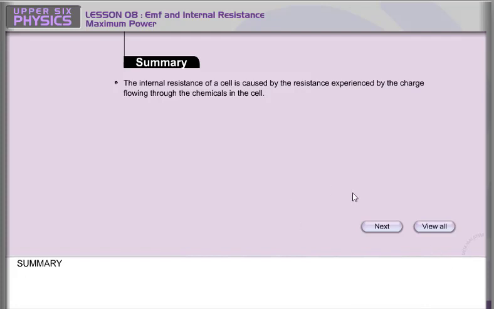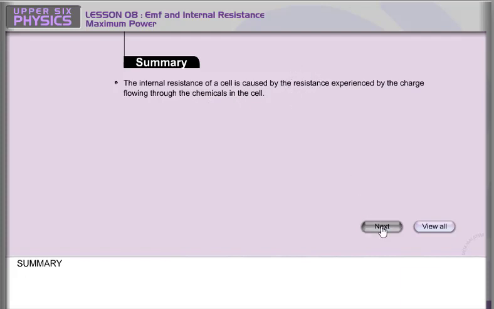So we looked at internal resistance of a cell, right? It is caused by resistance experienced by the charge as it moves through. This is because of chemical reactions that happen inside the cell. If you ask why there is an internal resistance, that is because of the chemical reactions that happen in the cell, right? So it somehow creates a resistance.